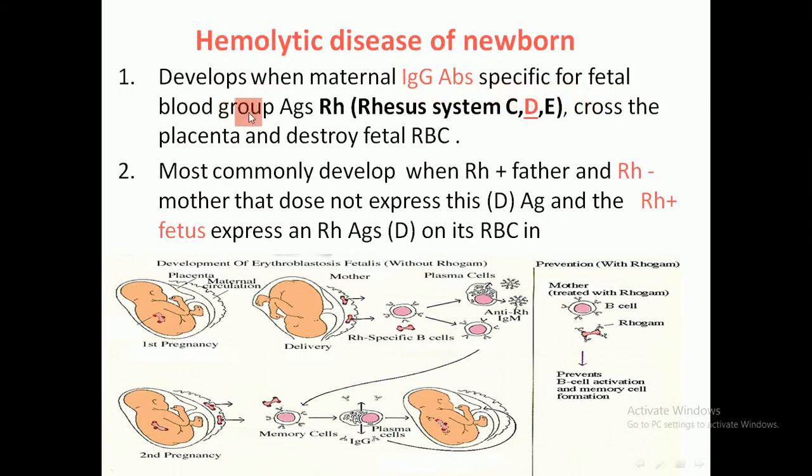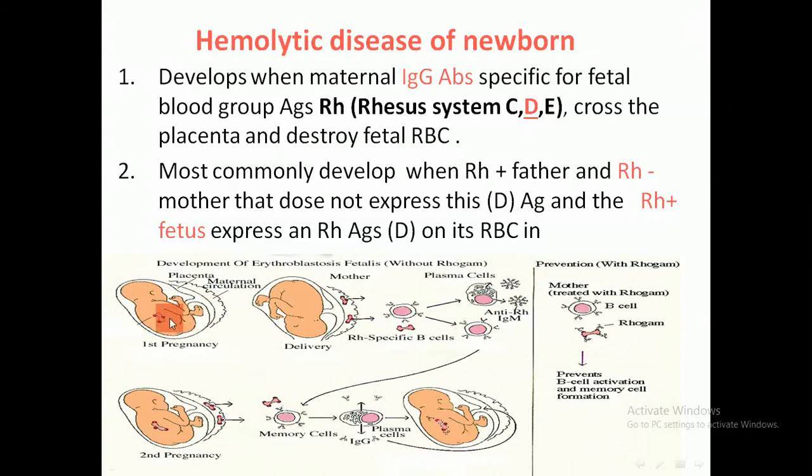And this develops when maternal IgG antibodies specific for the fetal blood group antigen, Rh system, CDE, cross the placenta and destroy fetal RBCs. It most commonly develops when the father is Rh positive and the mother is Rh negative, that does not express the D antigen, and the Rh positive fetus expresses the Rh antigen D on its RBCs.